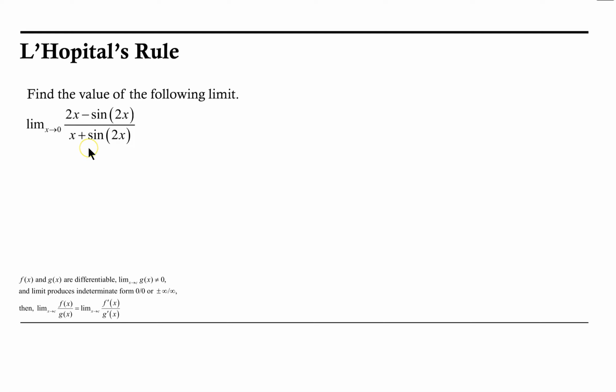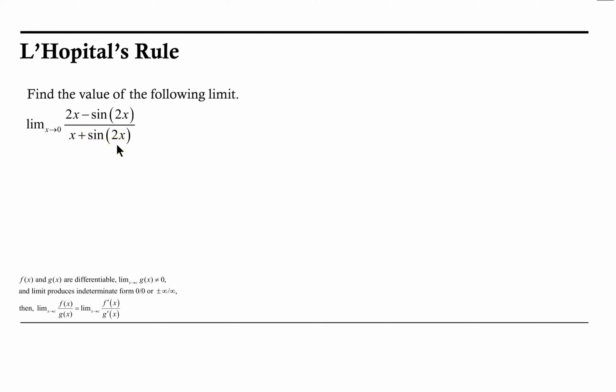So let's go ahead and take a look at the limit as x approaches 0 of 2x minus sine of 2x, that quantity, divided by the quantity x plus sine of 2x.